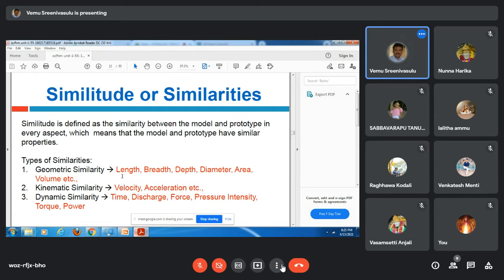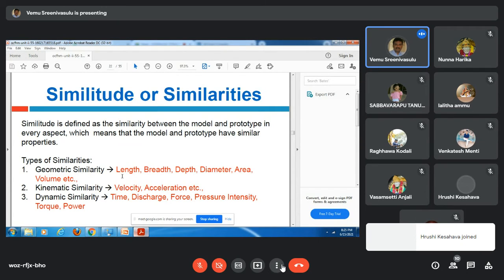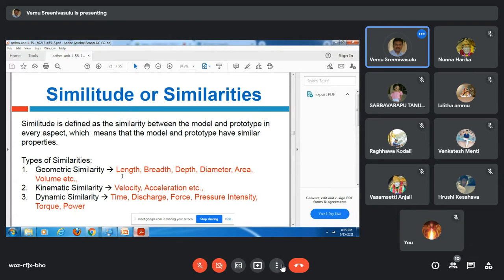Then we call it kinematic similarity. Dynamic similarity means time, discharge, force, pressure, intensity, all those things come under dynamic similarity. So these are the three types of similarities, right? Geometric, kinematic, and dynamic similarity.